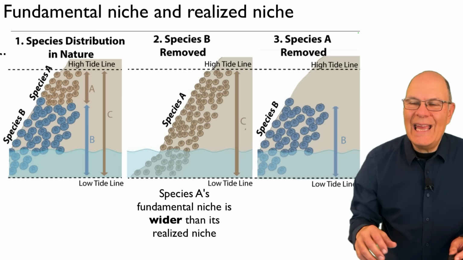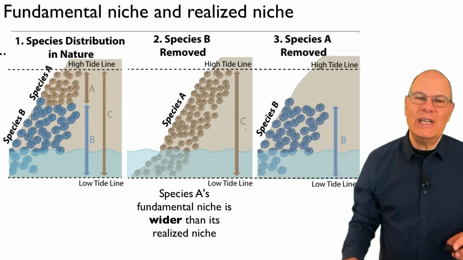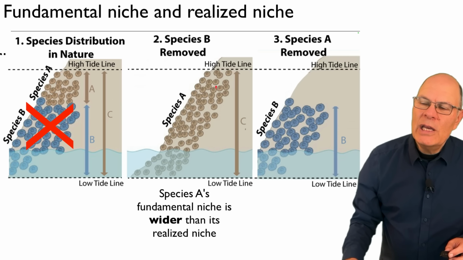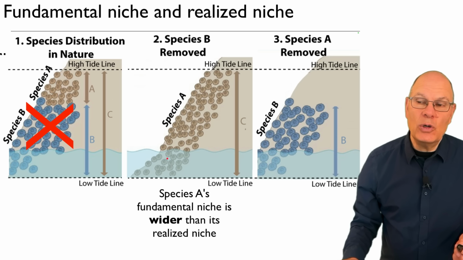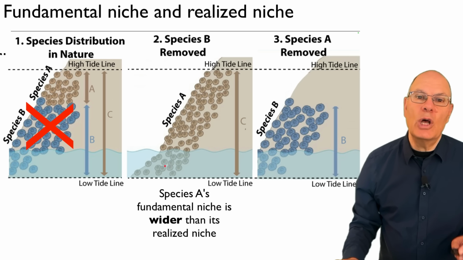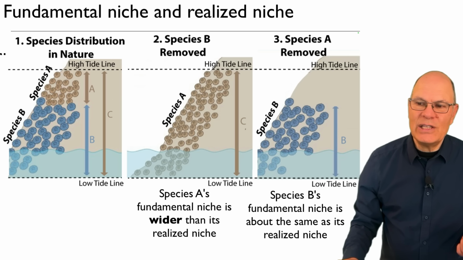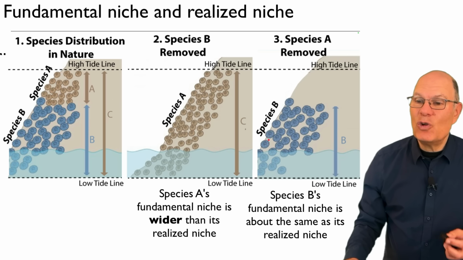For species A, the fundamental niche is much wider than its realized niche. How do we know that? Because when species B is removed, species A is capable of colonizing this zone over here that's much closer to the low tide zone. Species B, by comparison, has a fundamental niche that's pretty much the same as its realized niche.